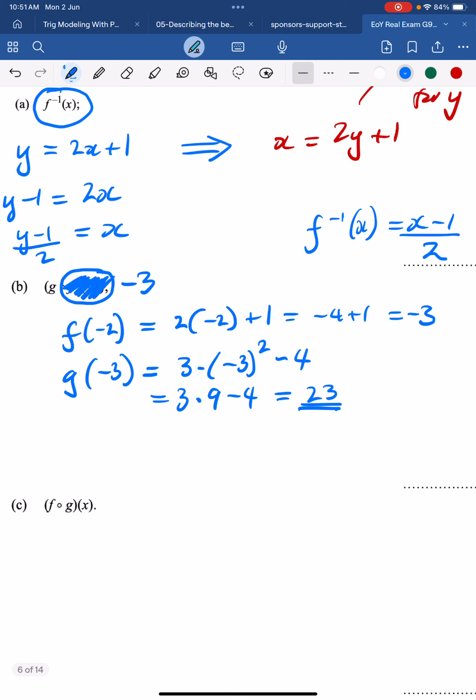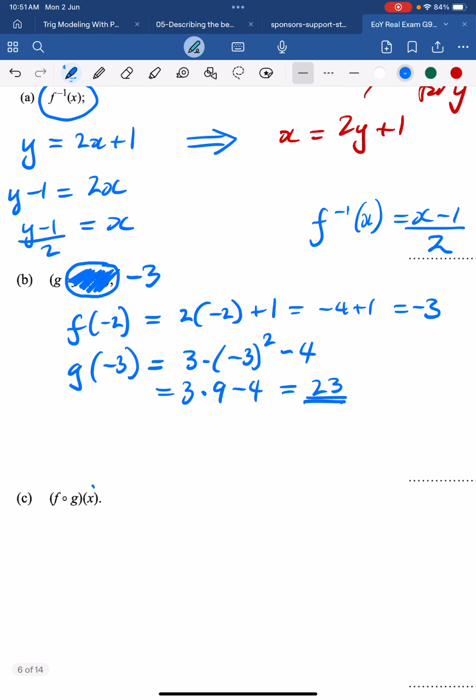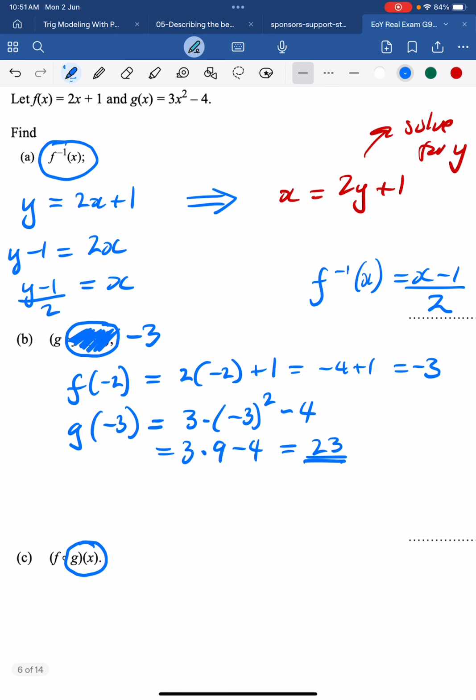f of g of x, this is a composition of functions. So x goes into g, and what comes out? Well, what comes out is 3x squared minus 4. That's g of x. Now this gets fed into the f function. Now got to think carefully.